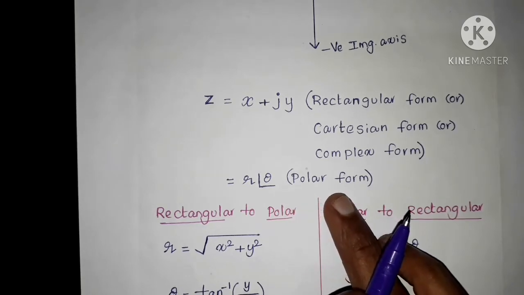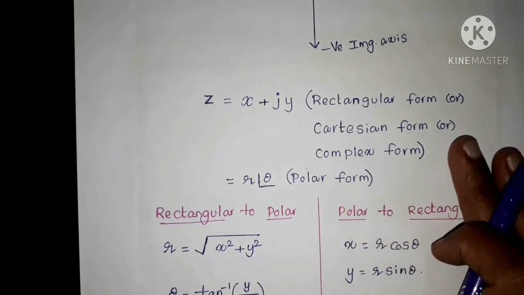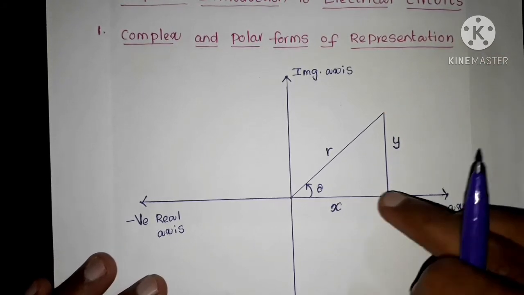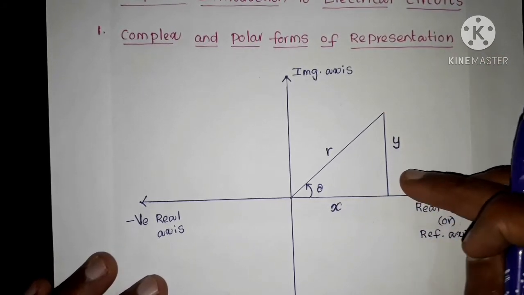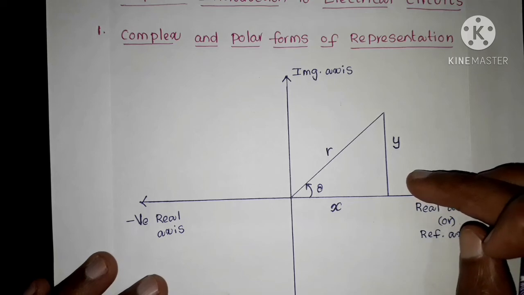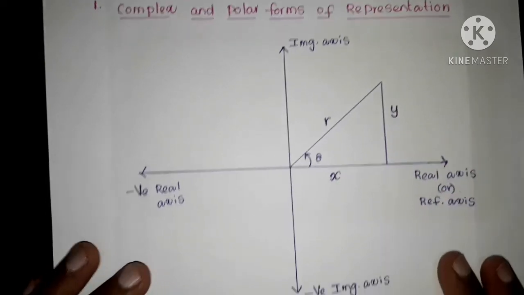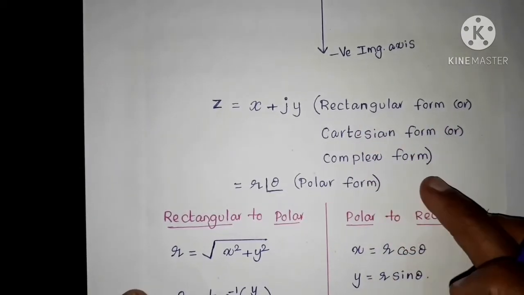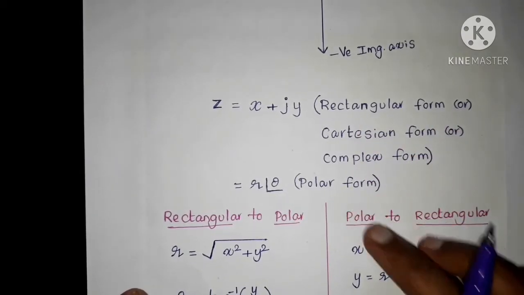This is called the polar form. So we can represent this coordinate in two ways: one is the complex form or rectangular form, otherwise Cartesian form, and the second one is the polar form.